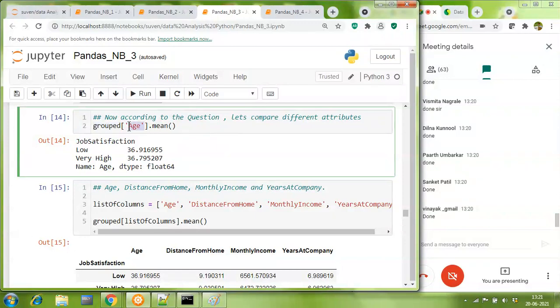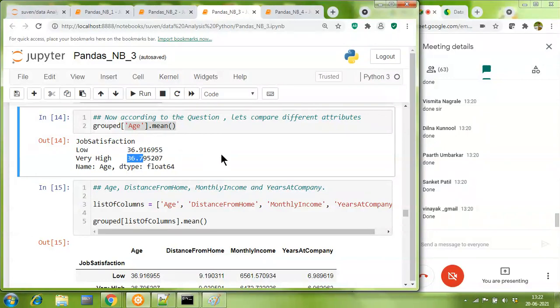So when you say age dot mean, remember it's not going to mix the ages. It's going to take the mean age of all people who belong to the group low, and then the mean age of all people who belong to the group high. I remember in the group low there were about 249 people. So when you say 36.91, you mean 36.9 is the average age of those 249 people who belong to group low.